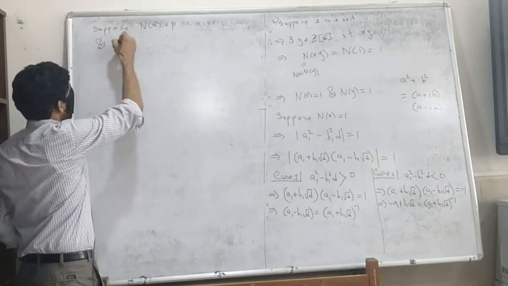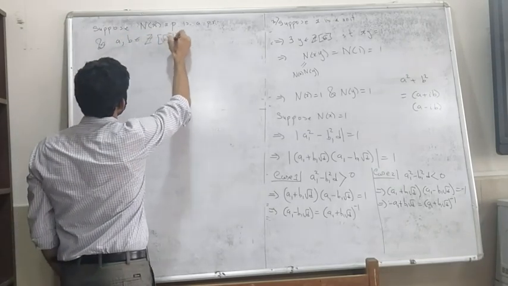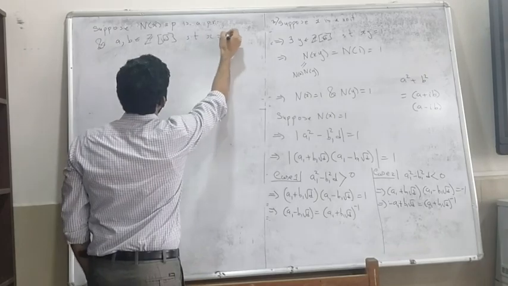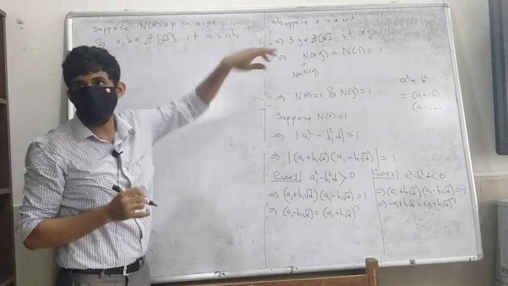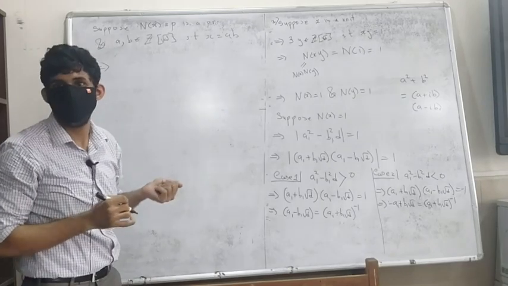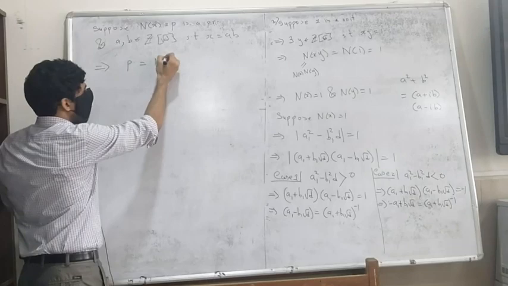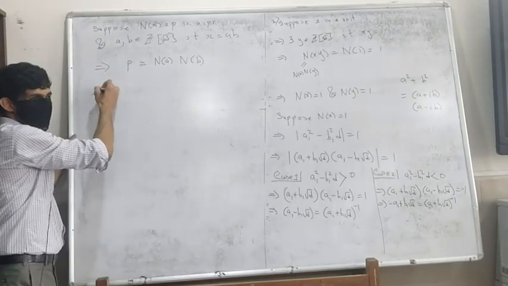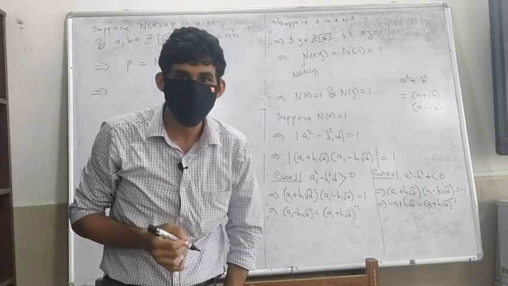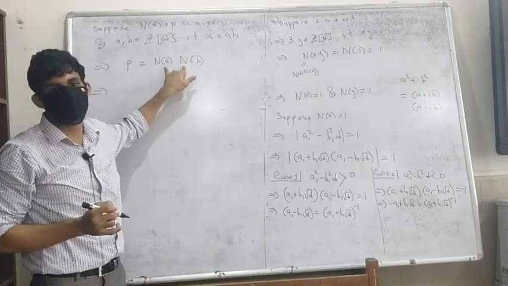a, b belong to z root d such that you can write x as ab. What does this mean? Take n on both sides. What do you get? p equals n of a times n of b. What does this tell you? These have to be natural numbers now.